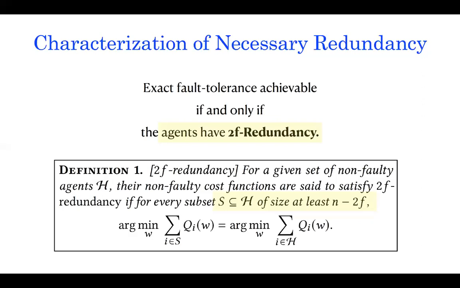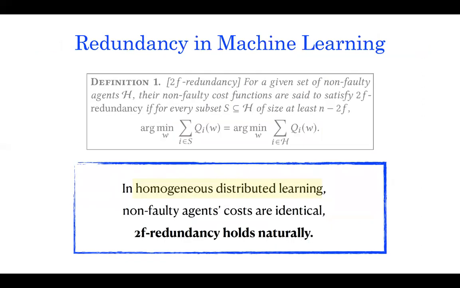Now, this is a very strong condition, and it's quite natural to think that it may be a contrived condition that may not hold in practice. However, that's not the case. We have seen in practice that 2F redundancy holds quite naturally in a lot of systems. For example, in the homogeneous distributed learning problem, because the non-faulty agents' cost functions are identical in expectation, 2F redundancy holds naturally.